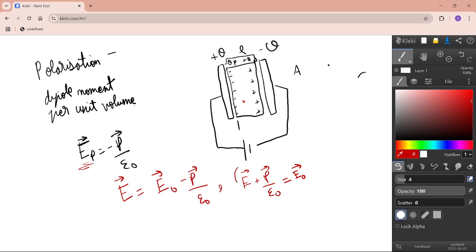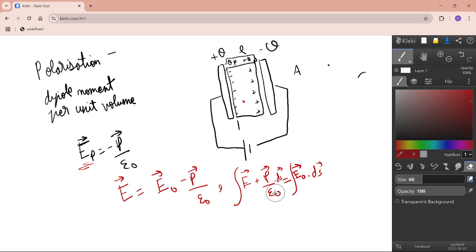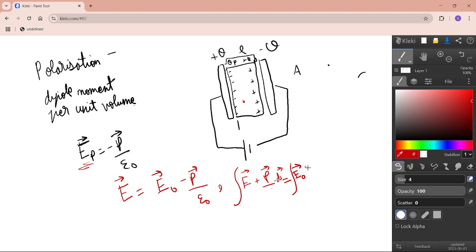And now we can integrate both sides, taking a dot product with the area vector. It's mathematically feasible. Taking the epsilon naught across, when you integrate, of course there will be an epsilon naught here.